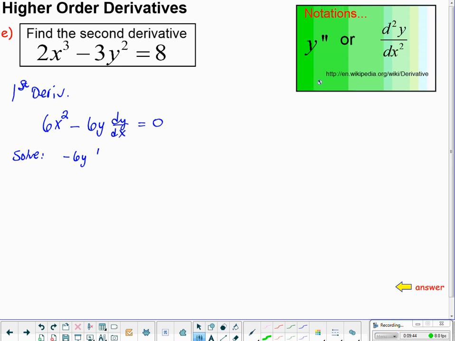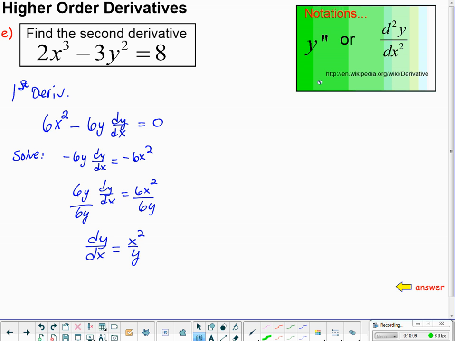It's -6y dy/dx is equal to -6x squared. Oh, let's multiply both sides by a negative. Should have just added that other over. All right, so we got positive equals positive. Now let's simply divide by 6y, simplify, and we get dy/dx is equal to x squared over y.